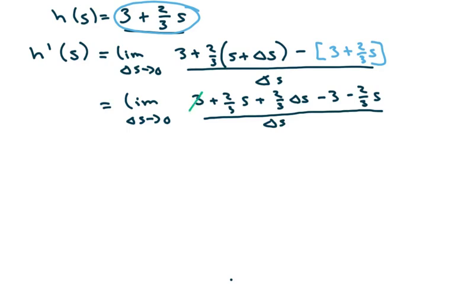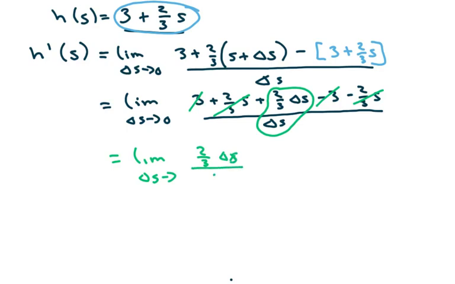So basically this 3 minus 3 is 0, and 2/3 s minus 2/3 s cancels. So we're left with 2/3 delta s over delta s. And the delta s's cancel, divide out, so you get 2/3 delta s over delta s, and that equals 2/3.